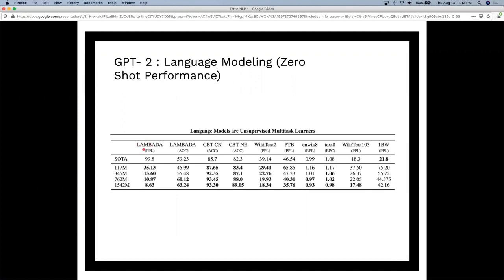They measure accuracy, and in the process of generating, they also measure the perplexity. This was the state of the art for zero shot. It's a significant improvement. Perplexity has gone down from 99 to 8, which is ridiculous. No one would have expected this kind of result.